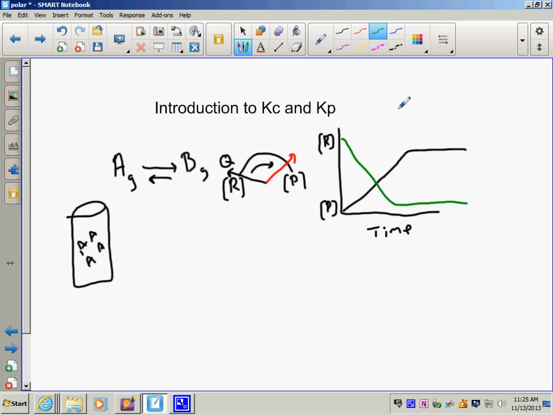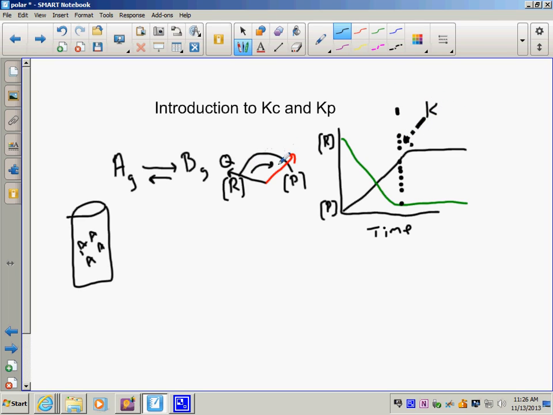My marker's a little off, but these should essentially be at the same spot where they would stop moving. At this point, right here, is where equilibrium has been struck, okay? And this is where K is now established.